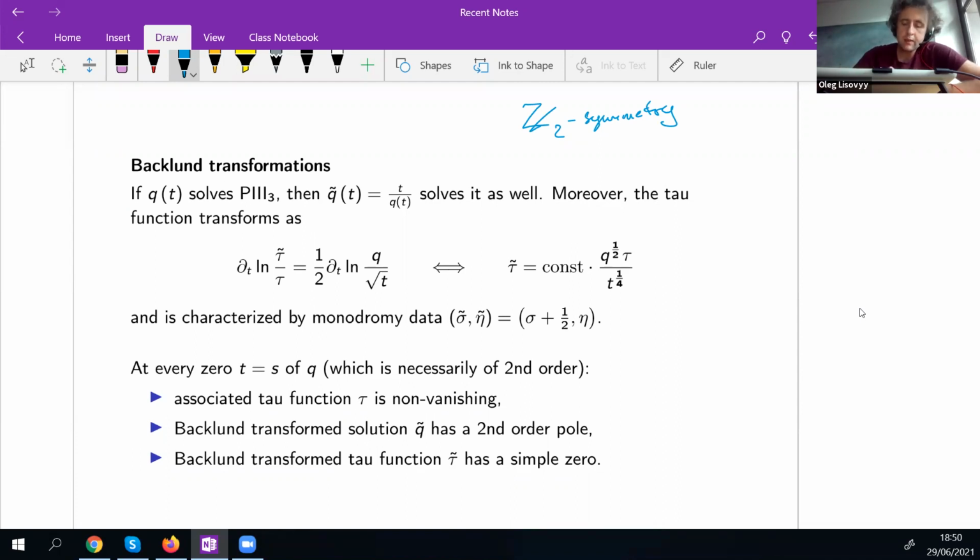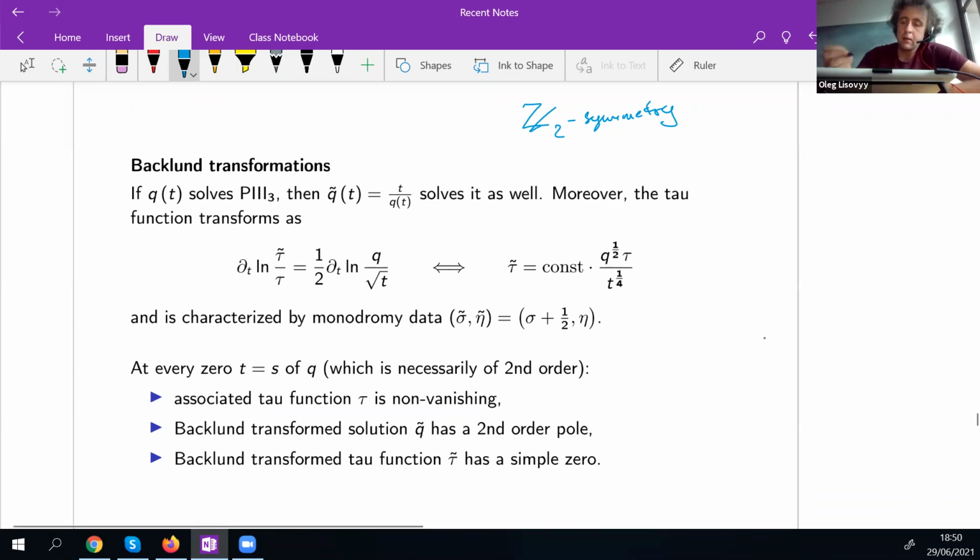So if we have a zero of Q, then even though the associated tau function is non-vanishing, the Backlund transformed tau function has a simple zero. And vice versa. If you have a pole of Q, then the associated tau function has a zero, but the Backlund transformed tau function is regular at this point.